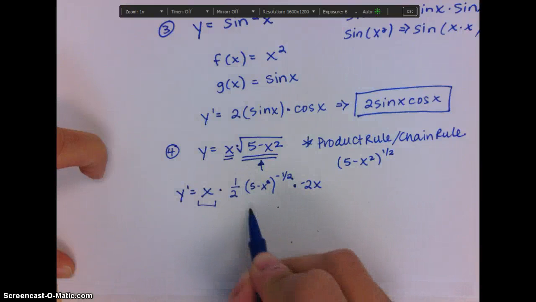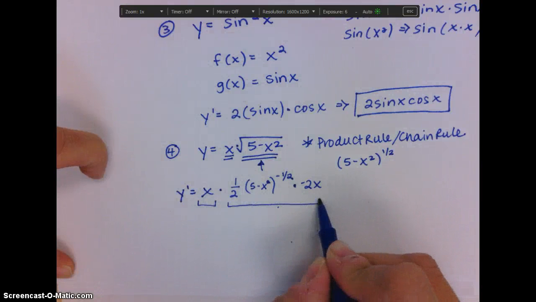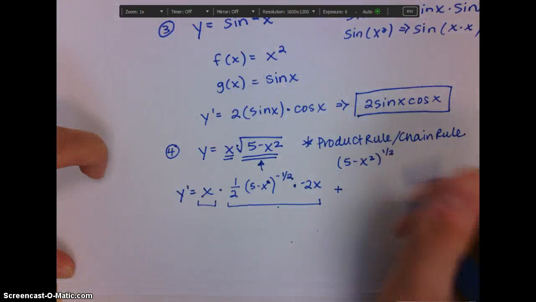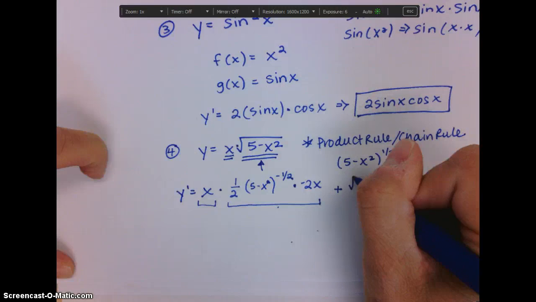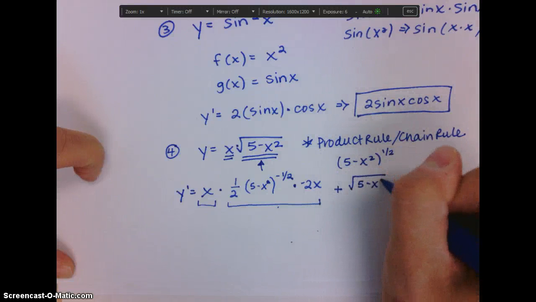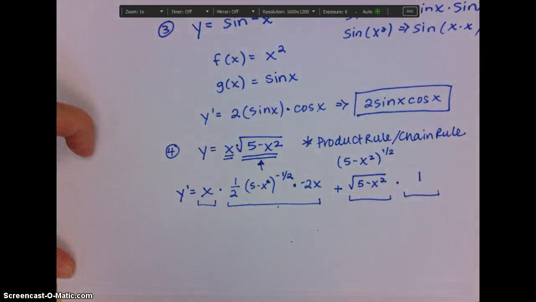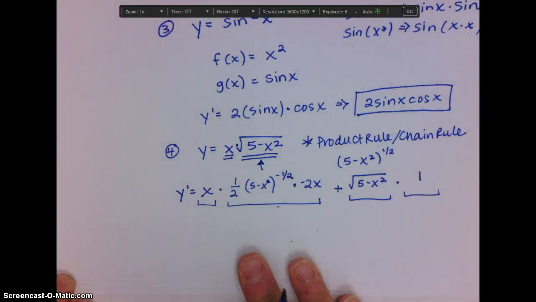The first function times the derivative of the second function. Now I need the second function as is, times the derivative of the first function. And the derivative of the first function is just 1. So that's really your derivative.